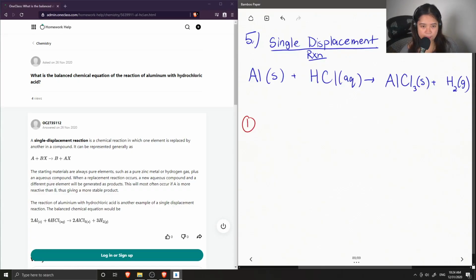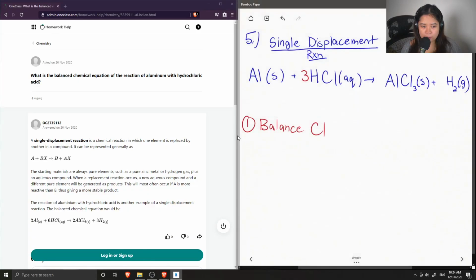If we see aluminum, there's 1 aluminum on both sides. So my first step is just to balance out the chlorines. So you'll see that our product side has 3 chlorine atoms and our reactant side only has the 1. So I'm first going to put a 3 in front of HCl.